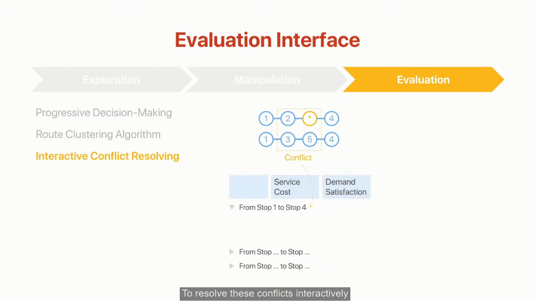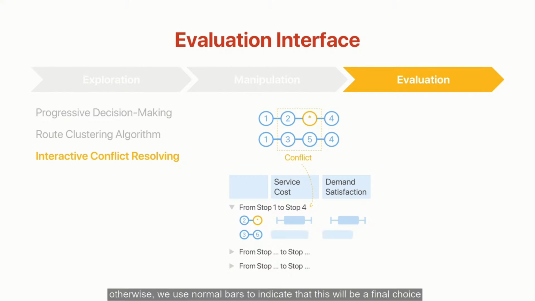To resolve these conflicts interactively, the ranking table is divided into multiple groups corresponding to the conflicts. Each row in the group represents a route group that resolves the conflict. If a route group comprises multiple routes, its criteria are visualized with box plots. Otherwise, we use normal bars to indicate that this will be a final choice.